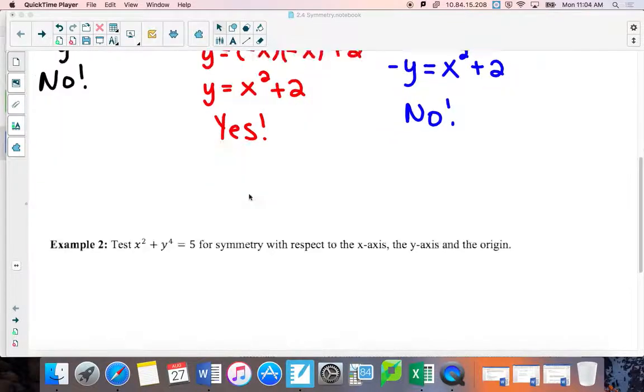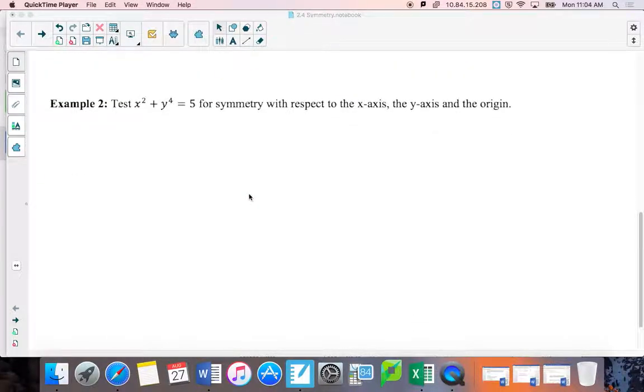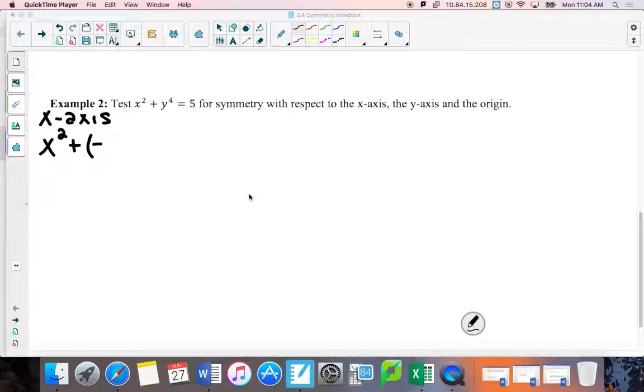Okay, take another look at an example like that. So we're going to test for x squared plus y to the 4th equaling 5. So we'll test x-axis first. For x-axis, we replace y with negative y. Okay, simplifying what we can. Now, negative y to the 4th, I could write it as negative y times negative y times negative y times negative y.